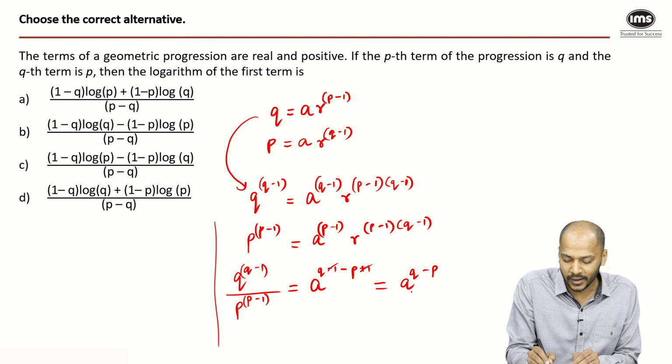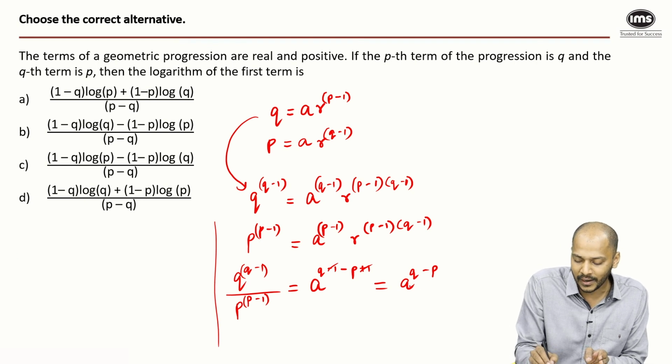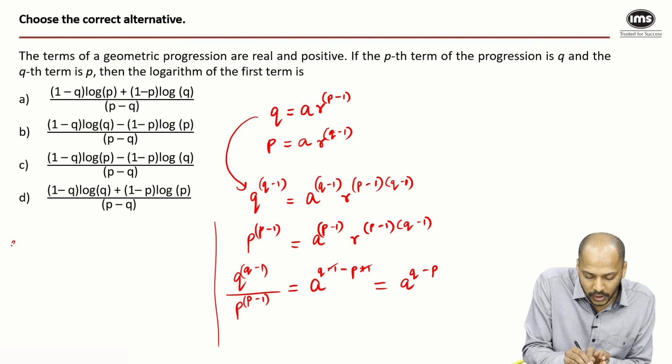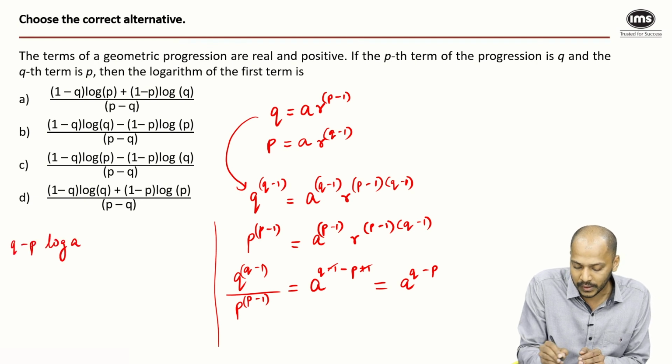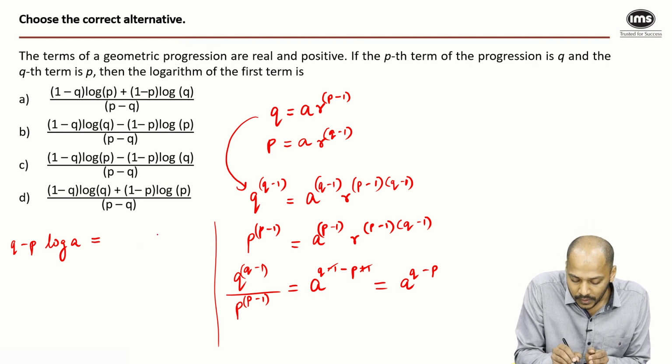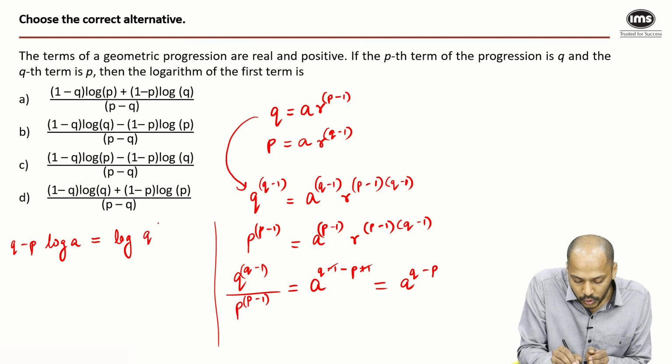So taking log on both the sides, and I'm writing LHS on the RHS, RHS on the LHS. So that will become q minus p times log of a. The power comes in multiplication, and on the RHS, it will become log of q raised to q minus 1, the whole divided by p raised to p minus 1.